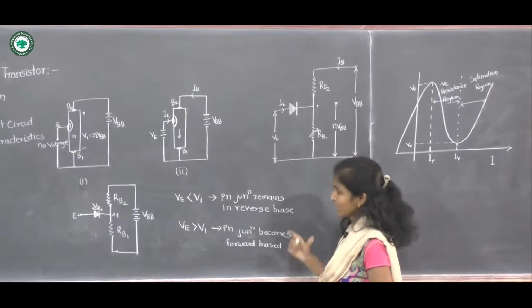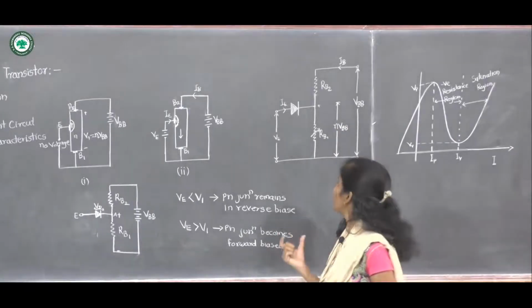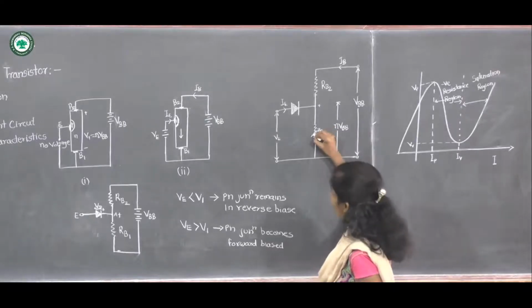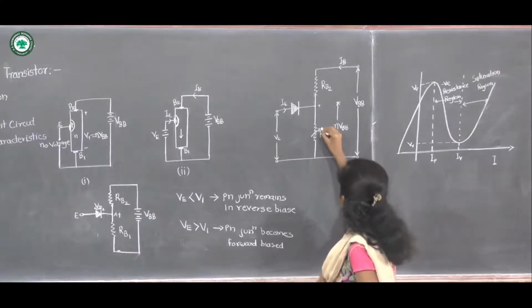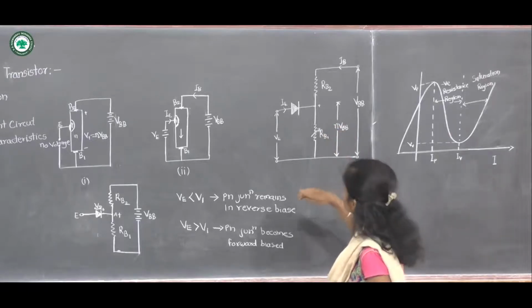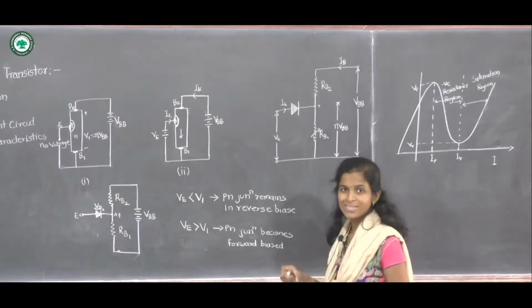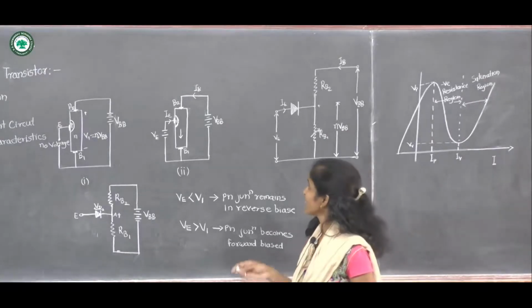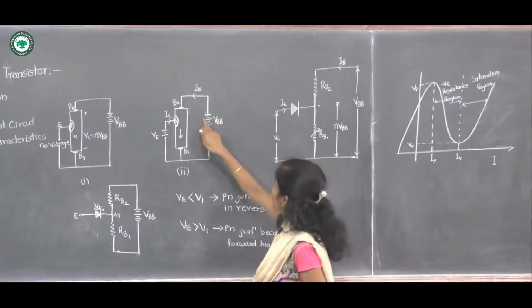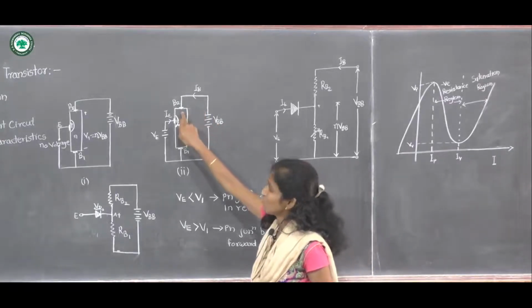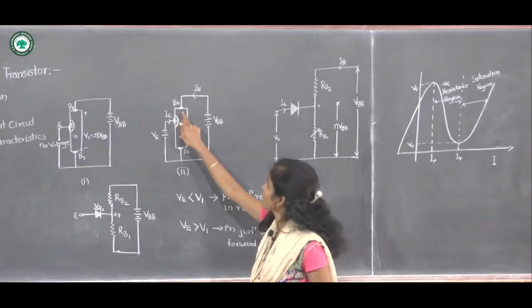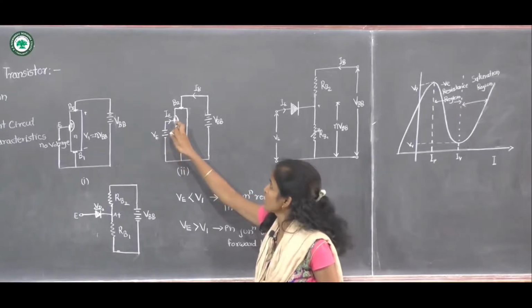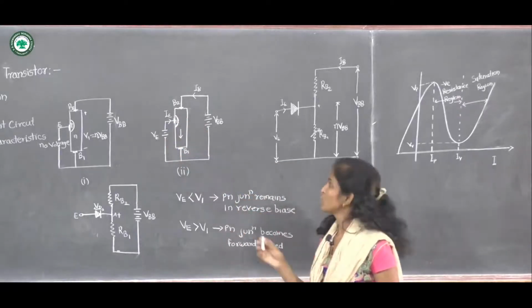With change in emitter voltage, there will be a change in RB1. So this RB1 is a variable resistor, and there is no change in RB2. The positive terminal of VBB is connected to base B2, due to this positive potential at B2, the holes may not be attracted towards B2.